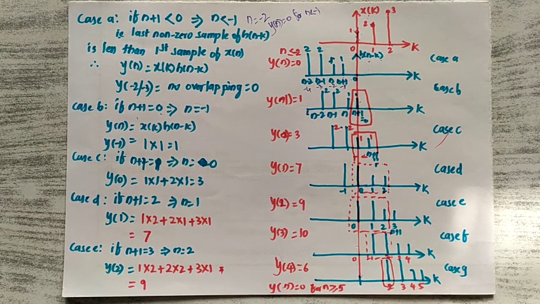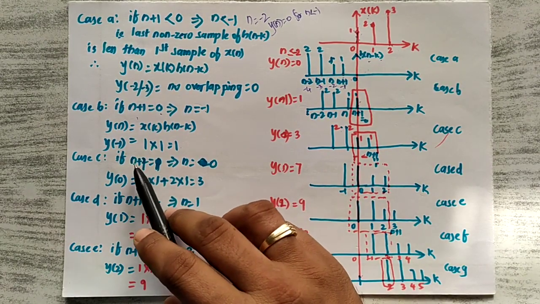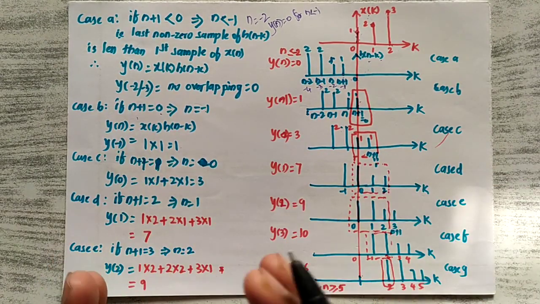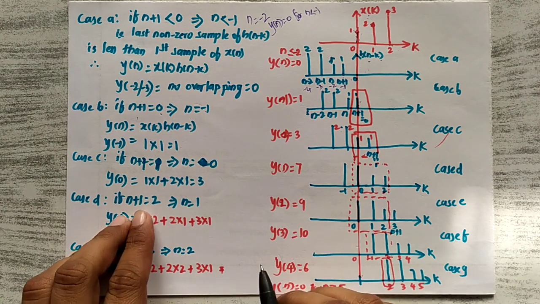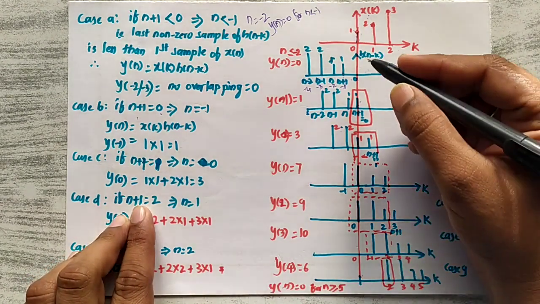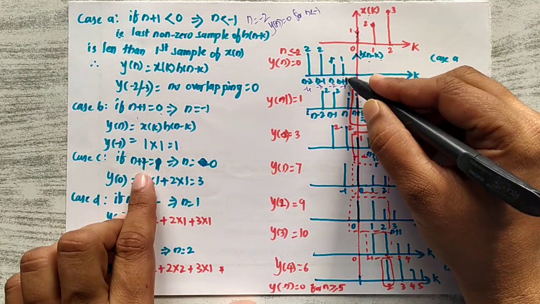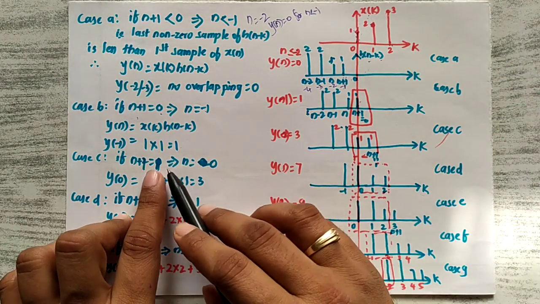Similarly for case C, we are shifting, so it is the next step, step 7, wherein the index value of n is incrementing by 1, right shifting by 1. So now n plus 1, that is the start of this, is starting at 1.